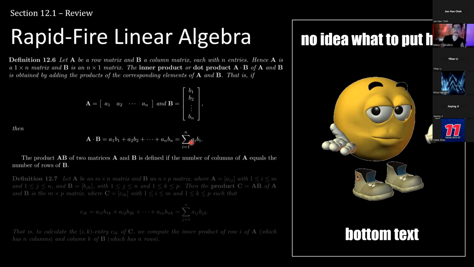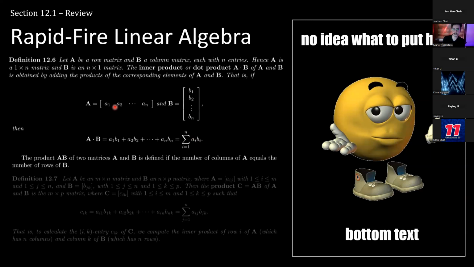Now, I like to think of the dot product as defined for arbitrary skinny vectors, whether they're row vectors or column vectors. In fact, typically when you talk about the dot product, they have the exact same shape. But here they introduce the inner product as a way to then talk about matrix multiplication.